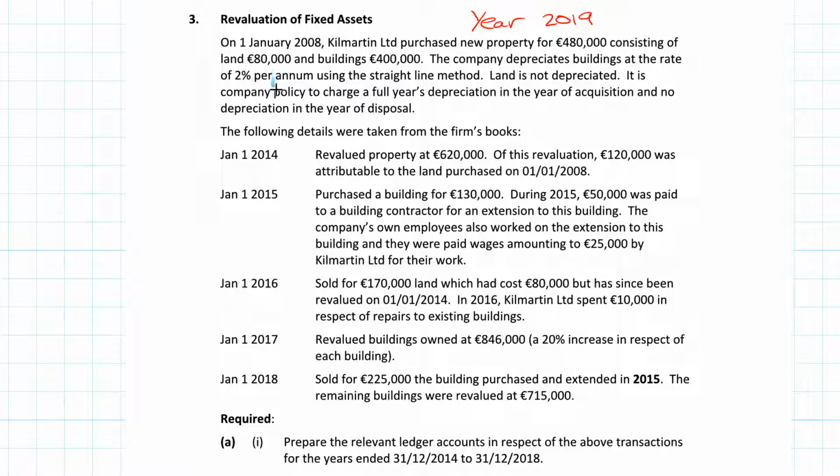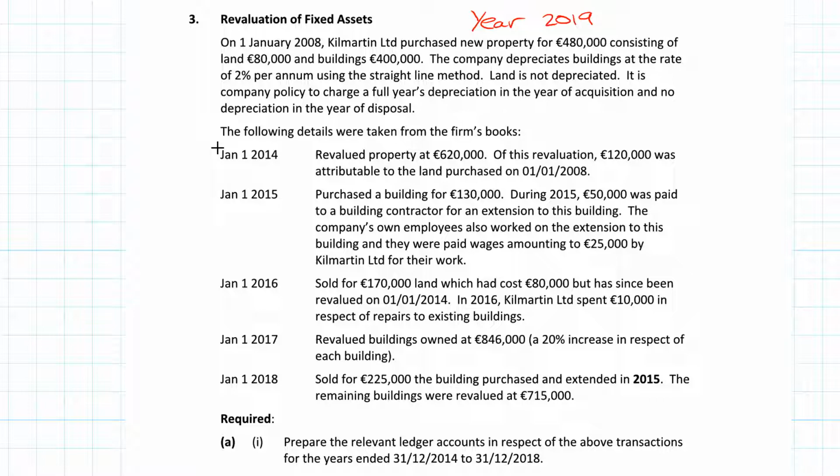And it said it is company policy to charge a full year's depreciation in the year of acquisition and no depreciation in the year of disposal. What we can see, and what's always the case, is that every transaction that we do will happen on the first of some year.